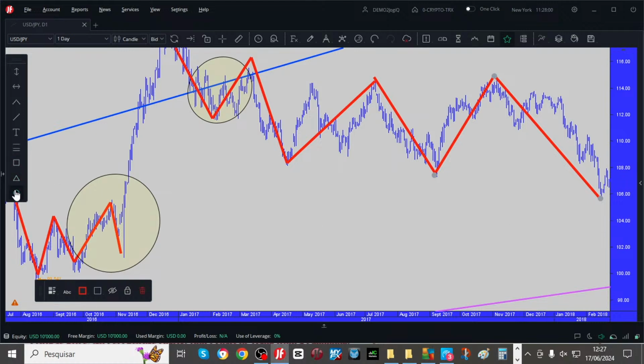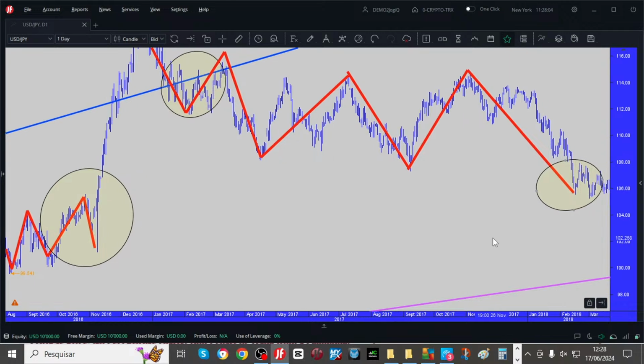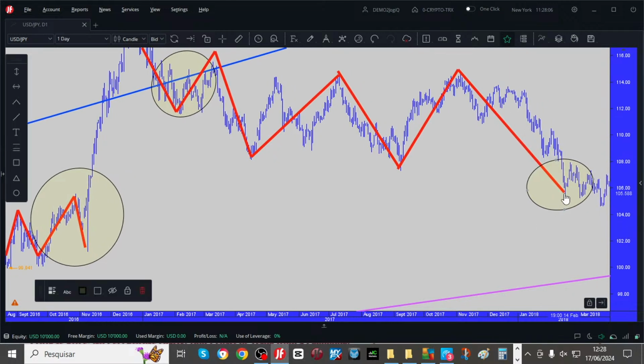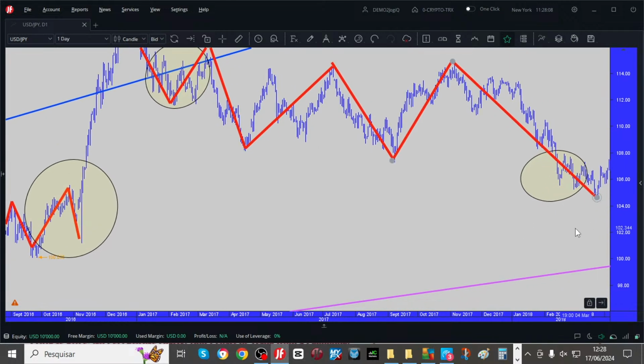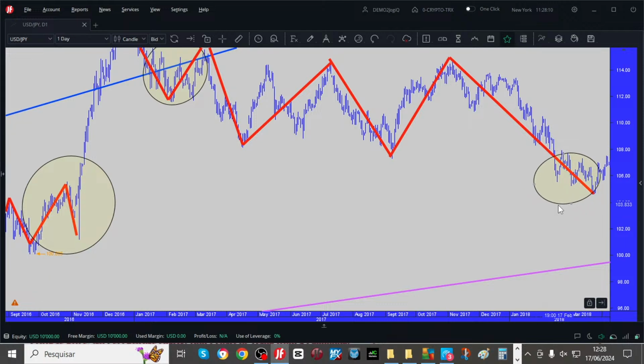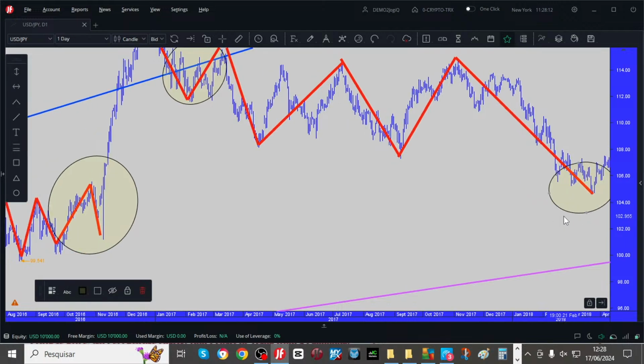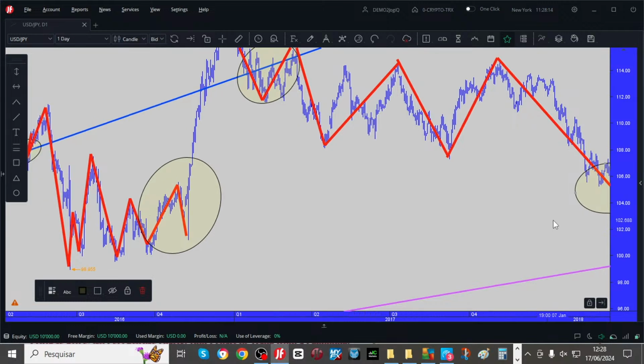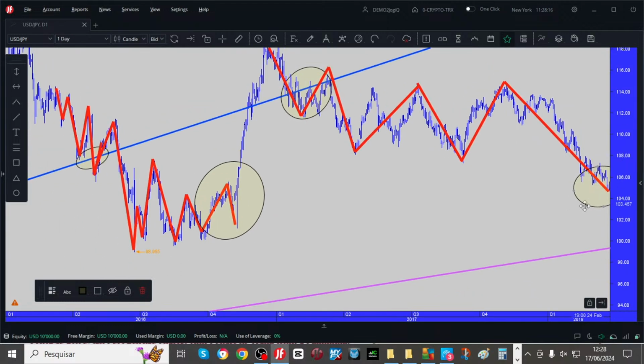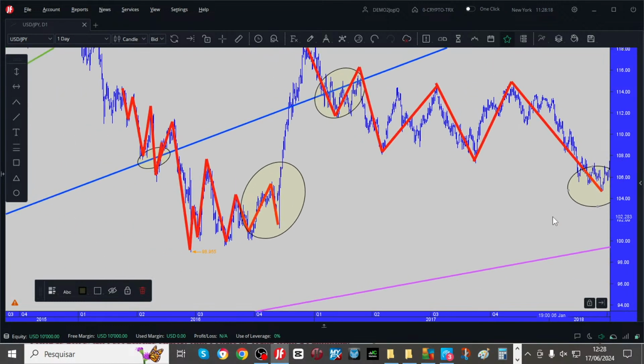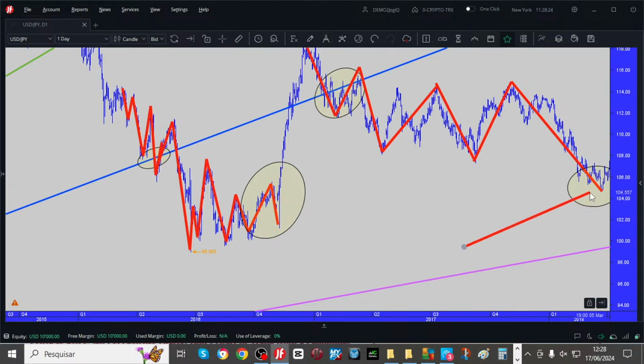And now, what would you tell your traders here? Short the market? Short the market, short the market. Everybody? What would you tell your trader to do in here, everybody?